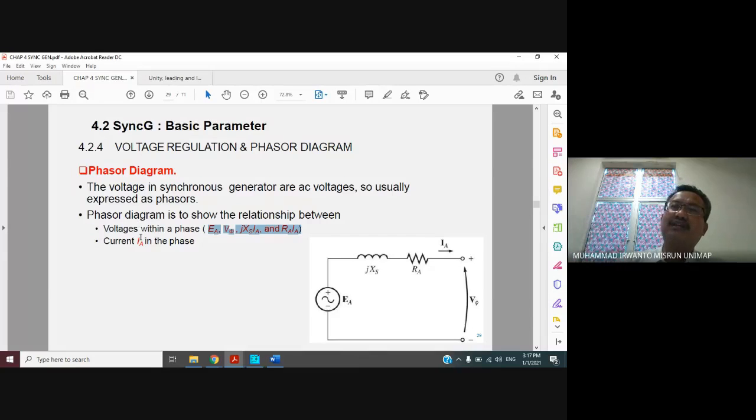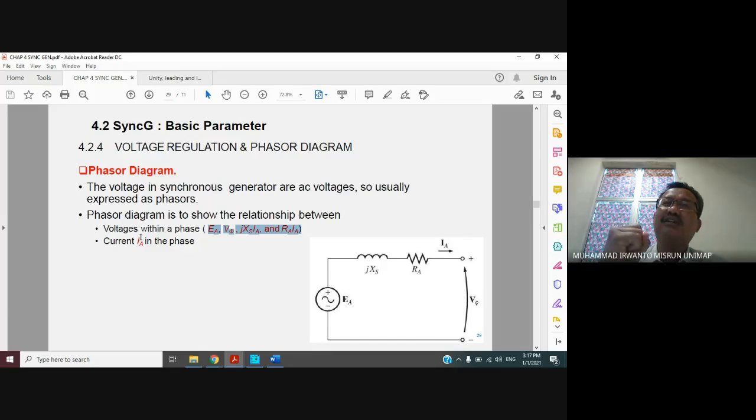The other parameter is IA. I repeat again, we want to know IA when the synchronous generator is loaded by one type of load.